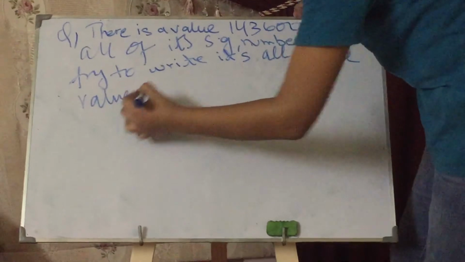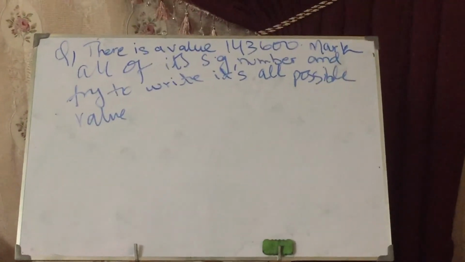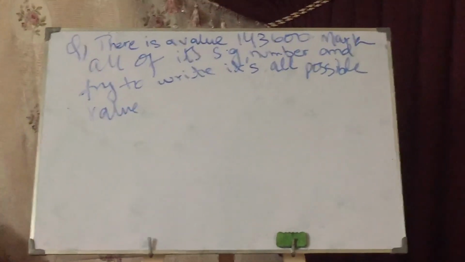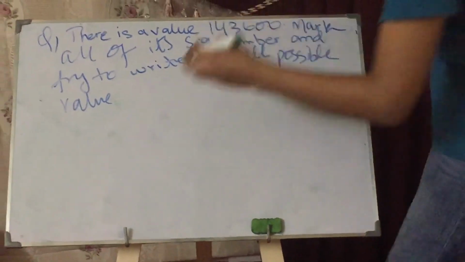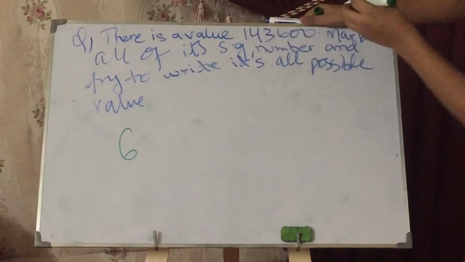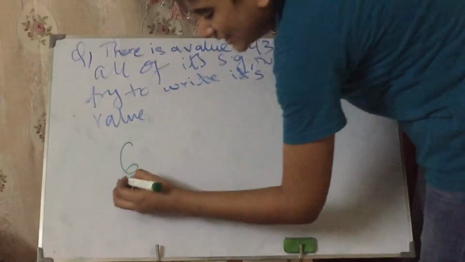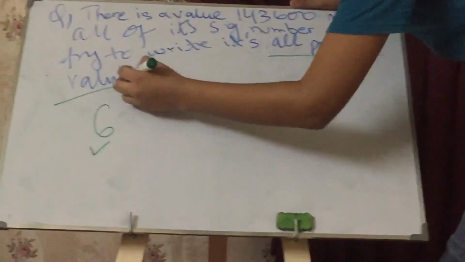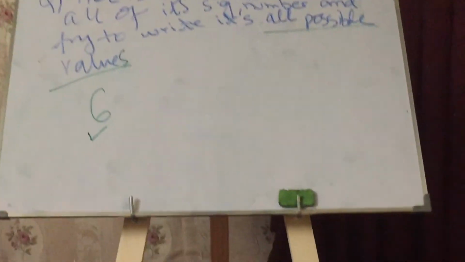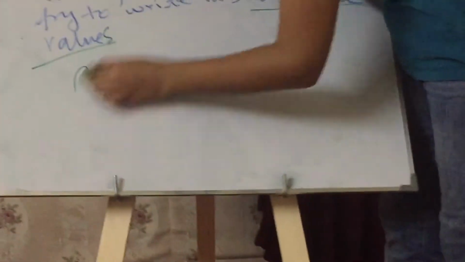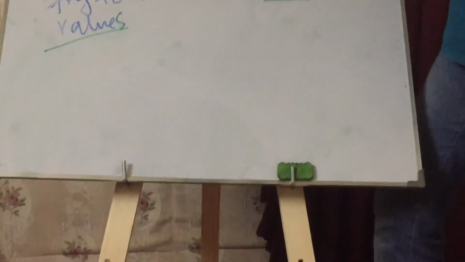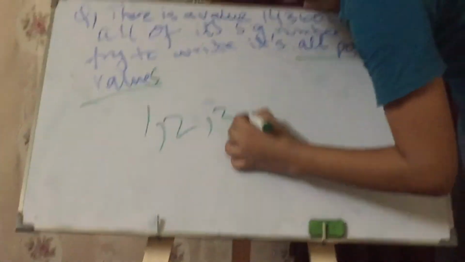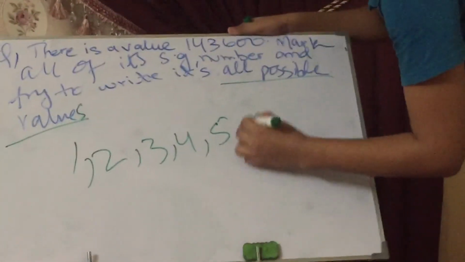What would the answer be for this? Somebody would say that the answer would be 6, as there are 6 digits in it. I say that it is right, but they are asking that we pick out all the possible values for the answer. So the answer would be 1, 2, 3, 4, 5 and 6.